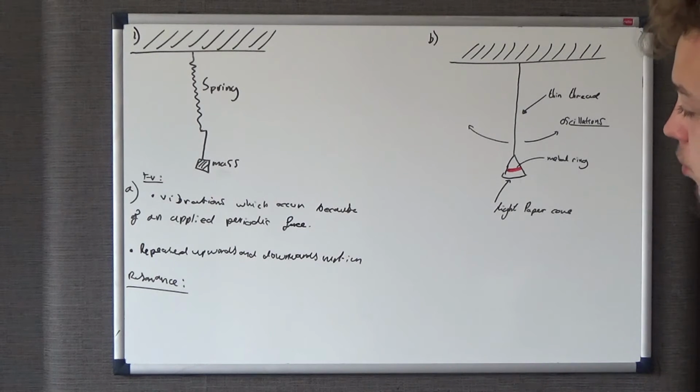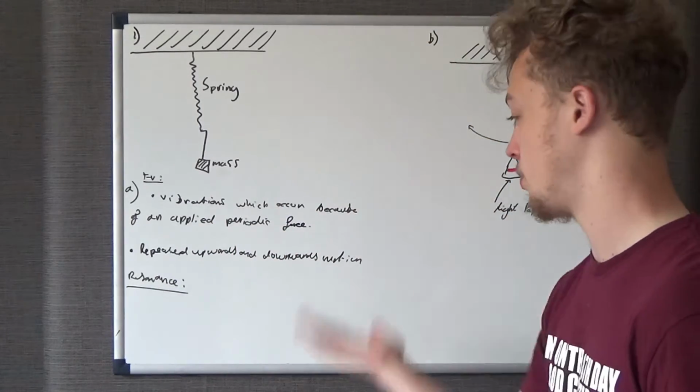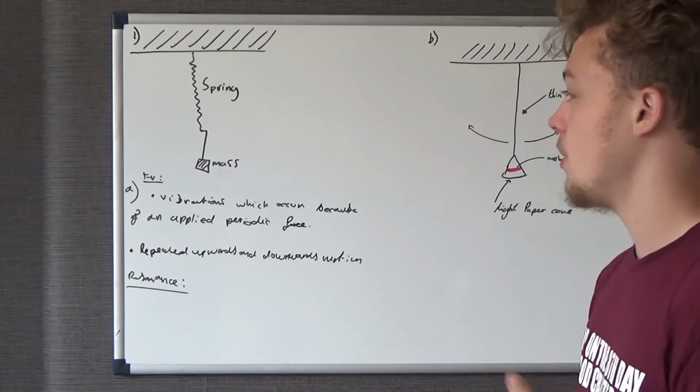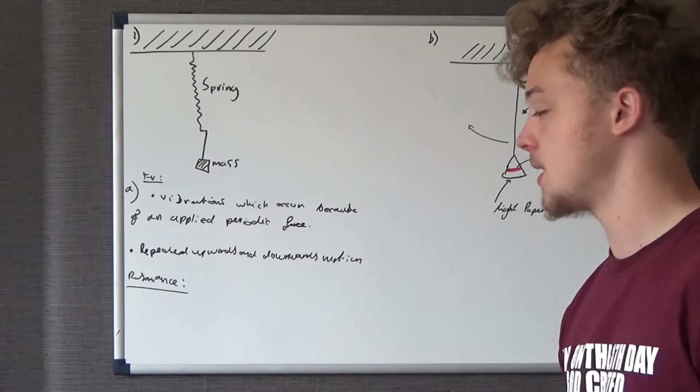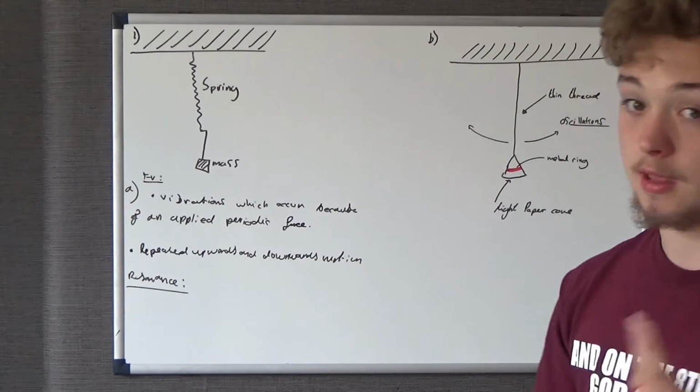If we displaced this mass, pulled it down and let it go, it would vibrate in an upwards and downwards motion for a period of time until it stopped. The frequency it vibrates at when you simply displace it and let it go is the natural frequency.